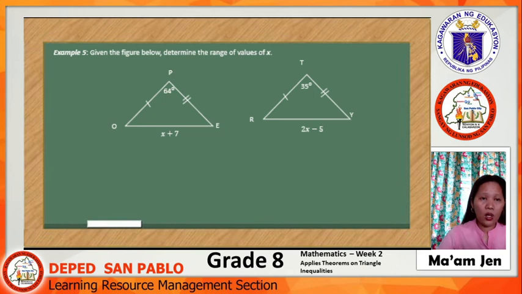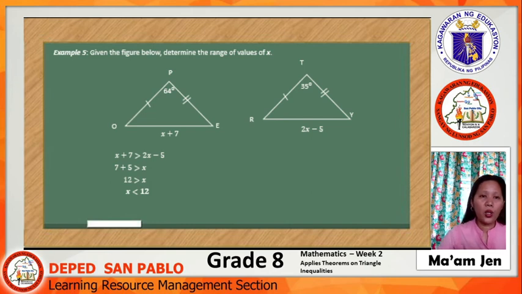The side opposite the greater angle is the longer side. So we can say that x plus 7 is greater than segment RY, which is 2x minus 5. Solving for x, 7 plus 5 is greater than x. 7 plus 5 is 12. 12 is greater than x, or we can write this as x is less than 12.